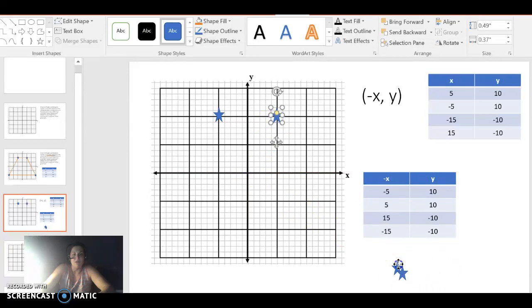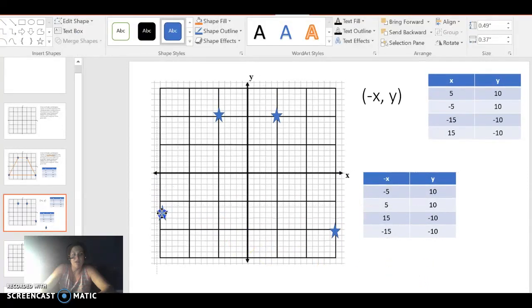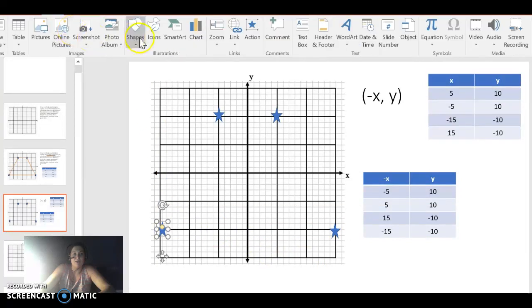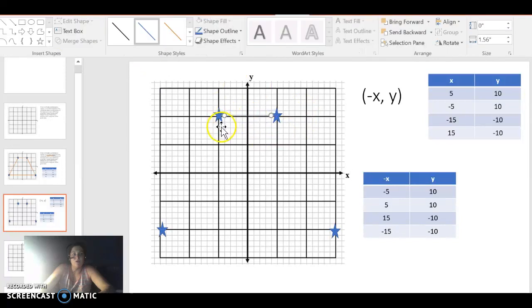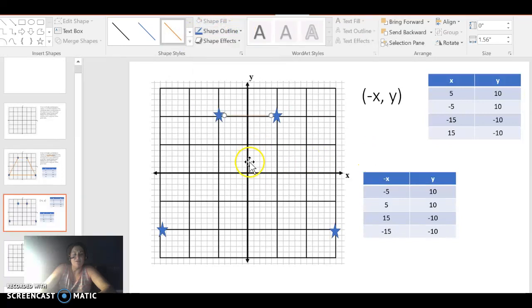And then 15, -10, and -15, -10. Okay, so if I connect those, you see we get the same shape. So what happened to it? It might be easier if you're doing this on paper to see that it actually rotated.